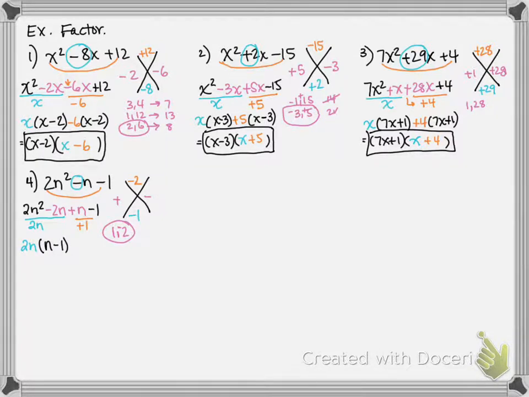And then we're going to pull out a positive 1. I'm going to actually write it because it's going to play a role in one of the binomials. And then I have n minus 1. So the magic did occur. So I get n minus 1 times the quantity 2n plus 1.